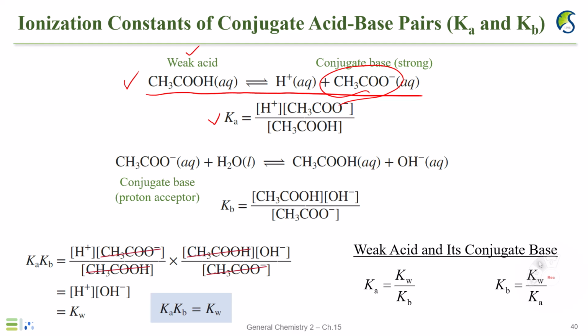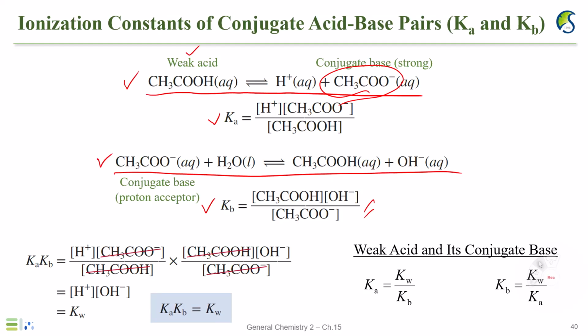You can write a new equation from the perspective of this conjugate base, which can be this, right? This is exactly the same equation that I wrote down when I was reviewing the contents. So from this base perspective, you can also define the Kb, the base ionization constant, in this equation.